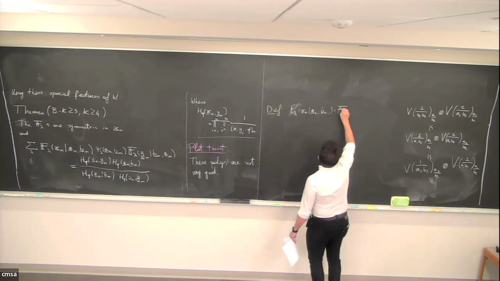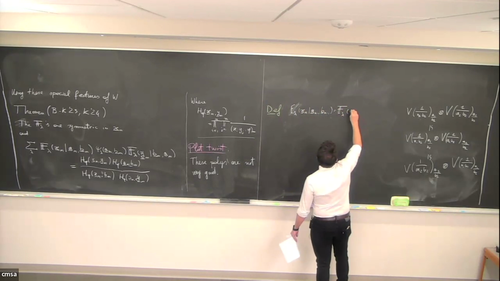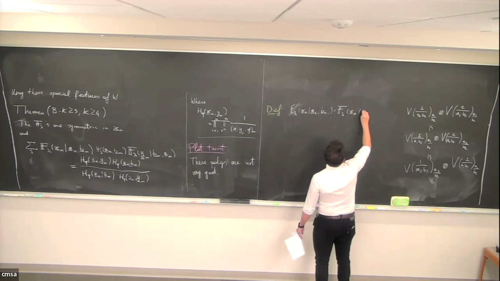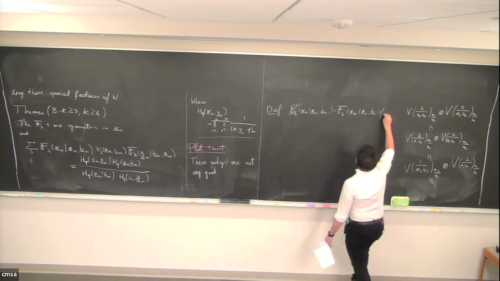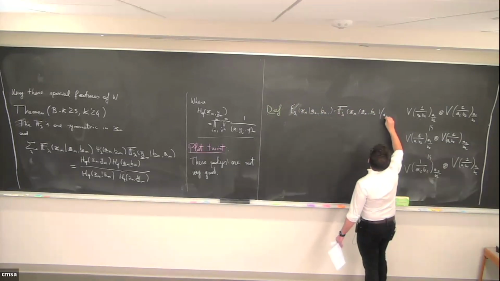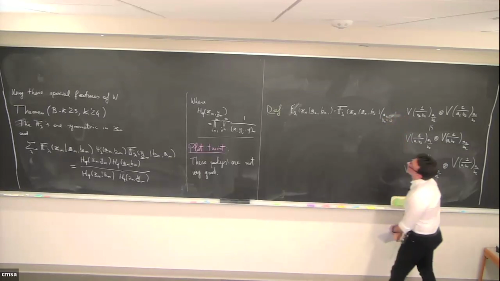This is simply the polynomial we have defined before, F_lambda(x_n, a_n, b_n), where we set a_{n-1} equal to 0, a_n equals 0, b_n equals 0.